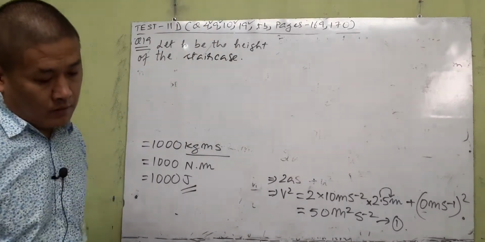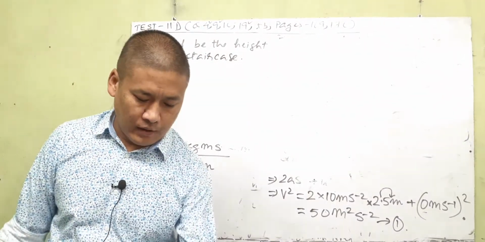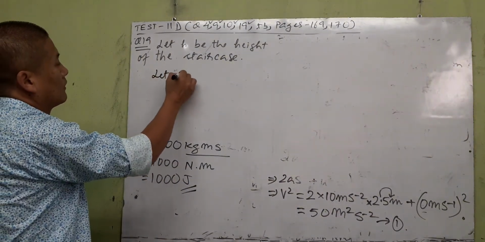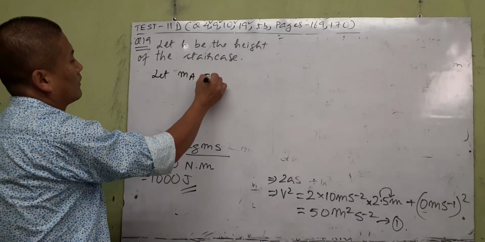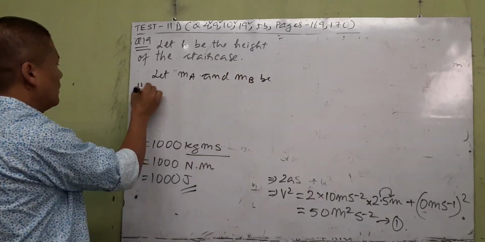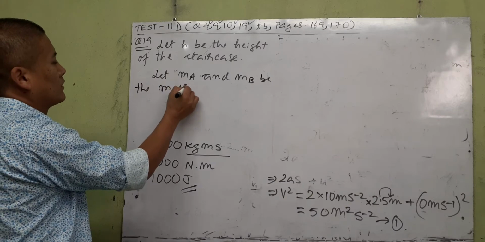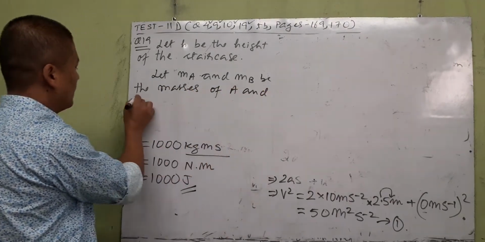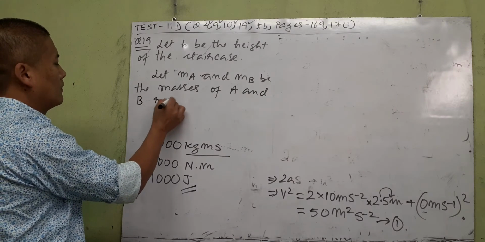Okay, then they have a mass, so let us put that. Let MA and MB be the masses of the two persons A and B respectively.